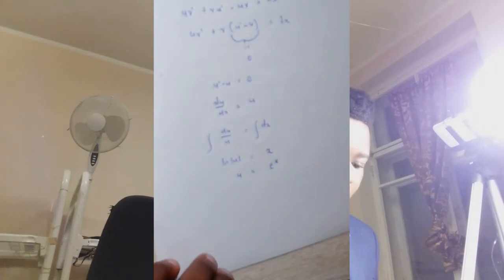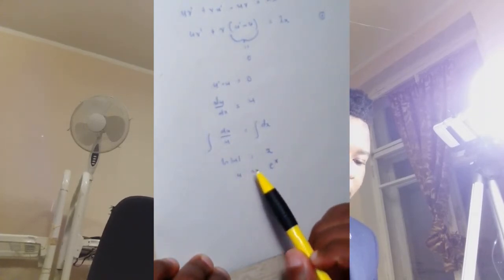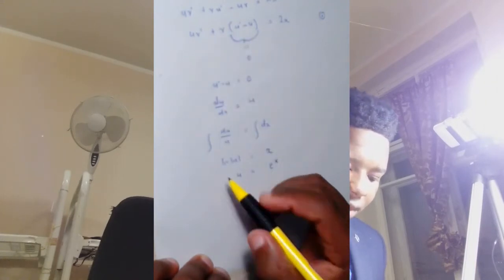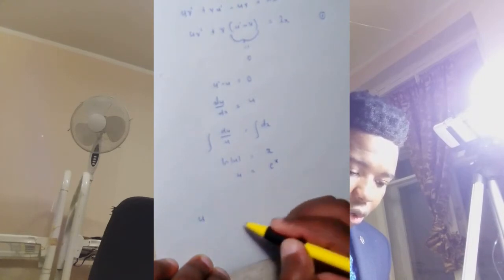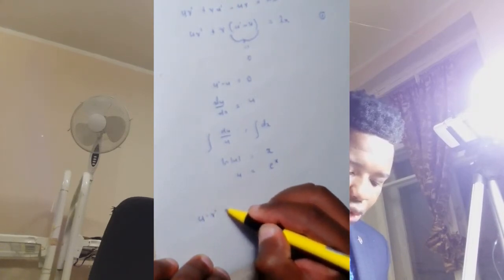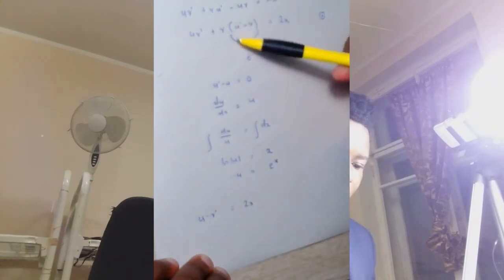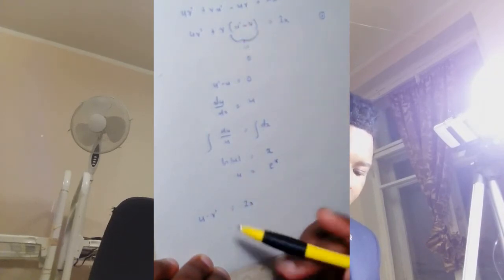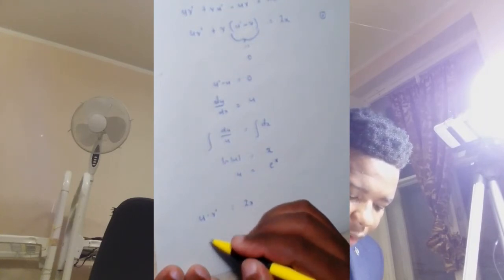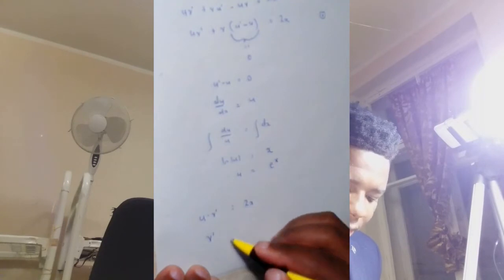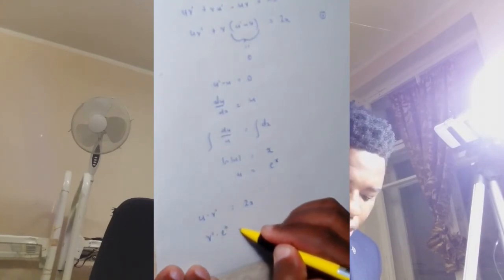Now let me call this equation 1, and substituting u in equation 1, I'll have u multiplied by v' is equal to 2x. Since we have assumed this equal to 0, the exponent of x is equal to u, and here I would have the derivative of v multiplied by the exponent of x is equal to 2x.